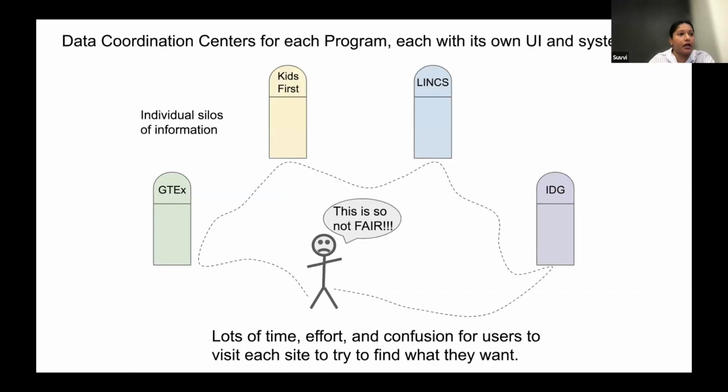All right. So here is a picture that I'm using to explain why it's important to have something called CFDE. Previously I mentioned there are a couple of data centers under Common Fund.